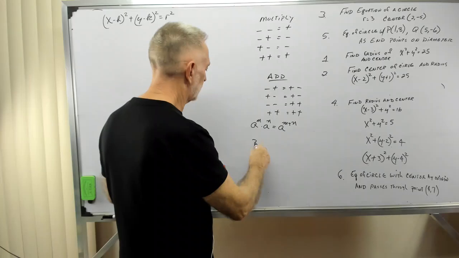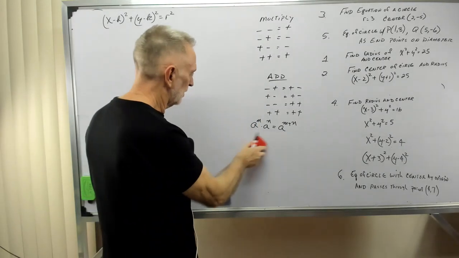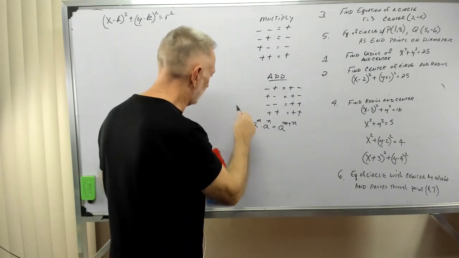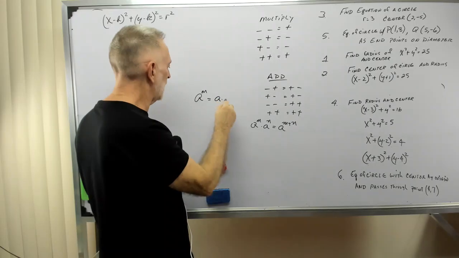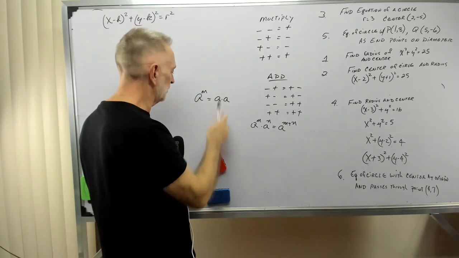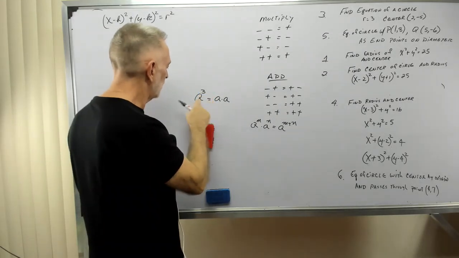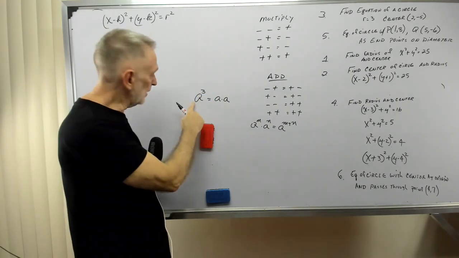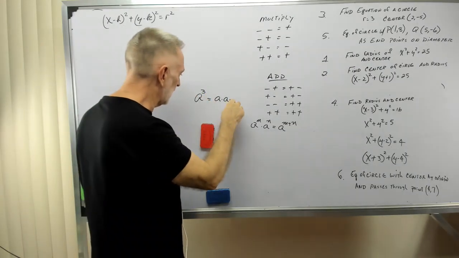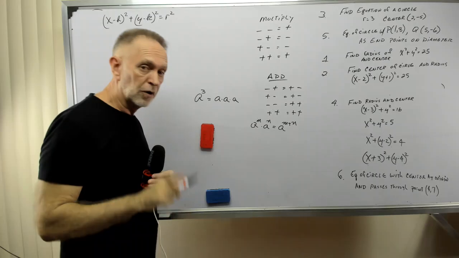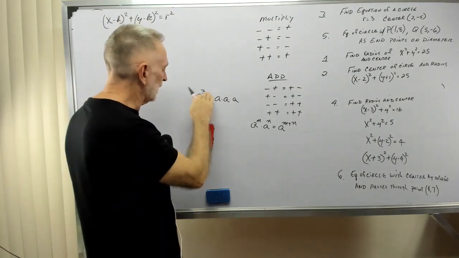So if I have 3 squared, oh, and by the way, a to the m in itself means a times a, m times. So if this is a to the 3rd power, it means this base, this number, times itself 3 times. I heard people get tripped up on that. So that's what an exponent means.